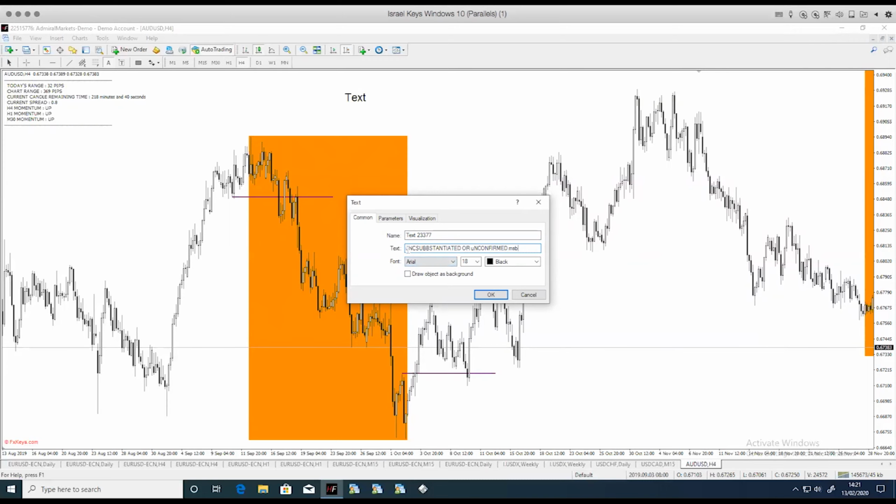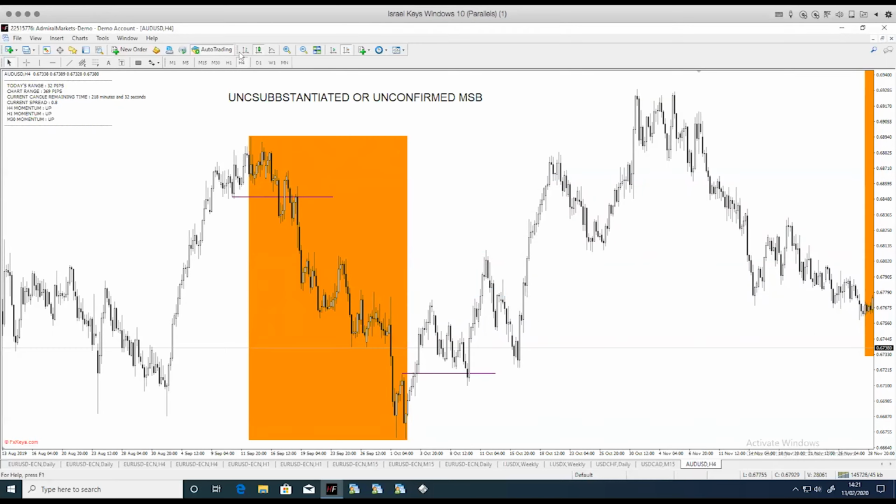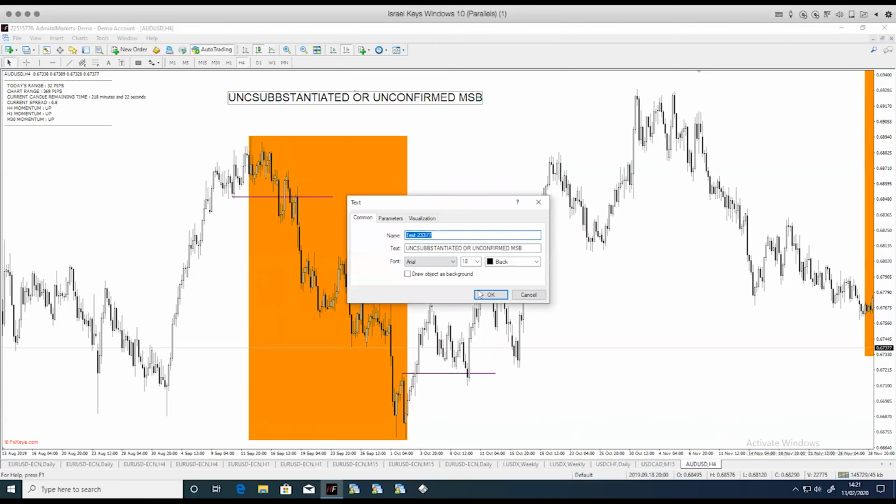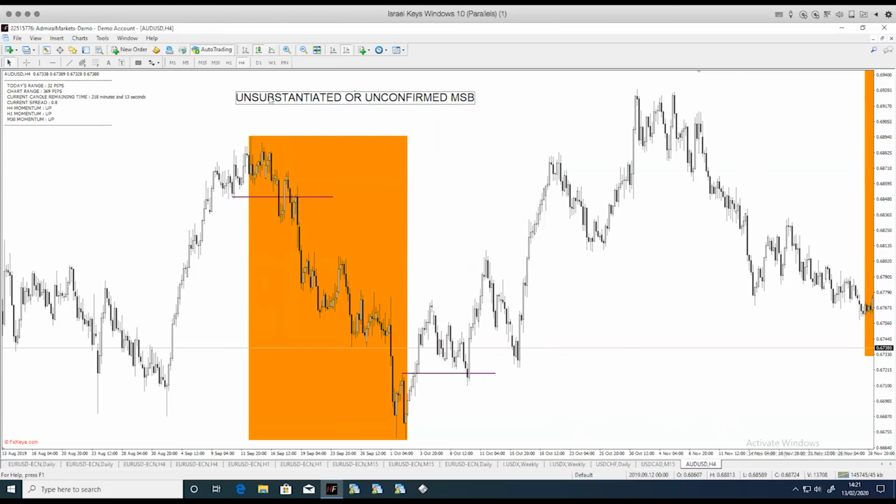MSB refers to market structure break in our terminology. So unconfirmed or unsubstantiated market structure break. That spelling is horrible. Let me fix that. Unsubstantiated or unconfirmed market structure break. There we go.